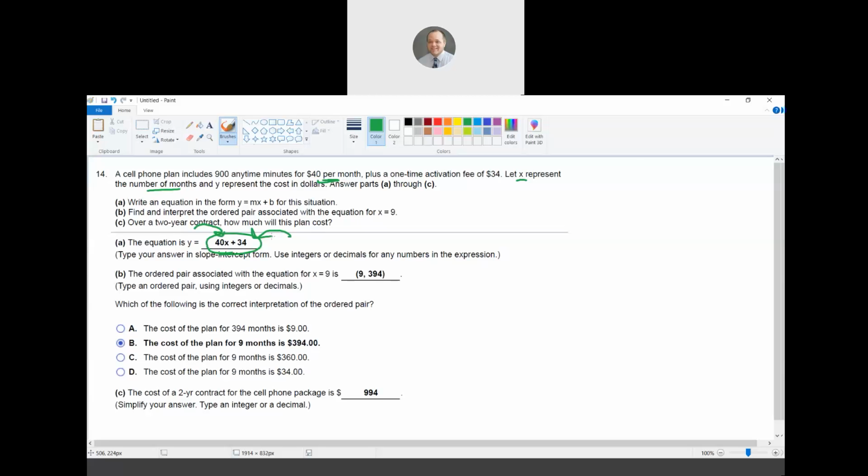Part B, find and interpret the ordered pair associated with the equation for x equal to 9. All right, so let's use the equation we found from part A to answer part B. In place of x, plug in 9.